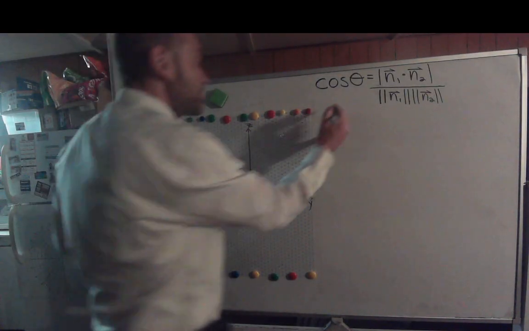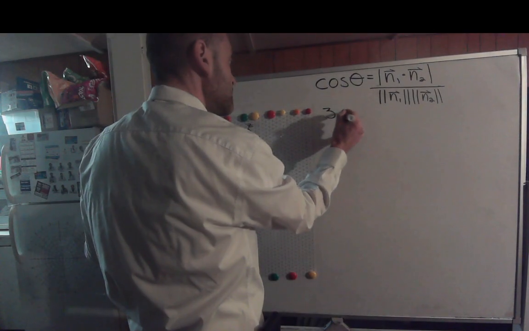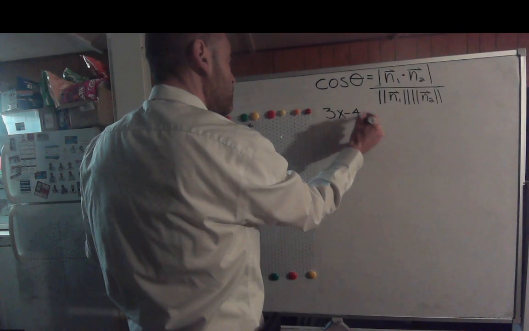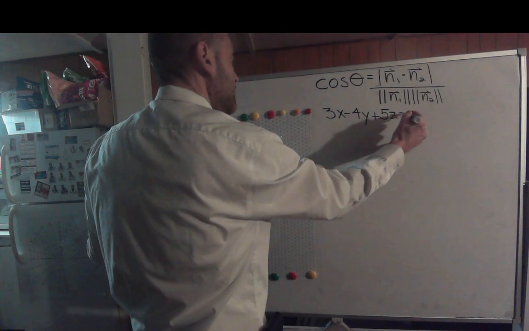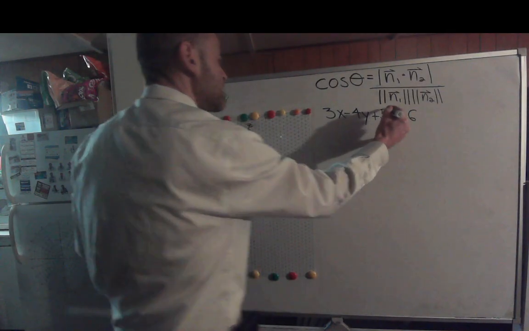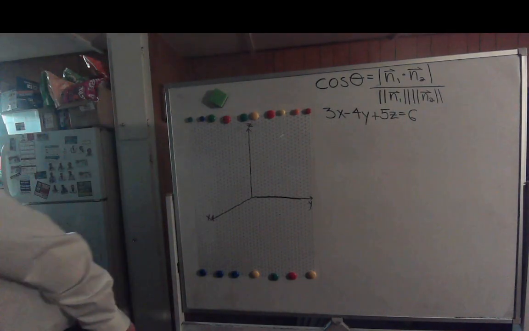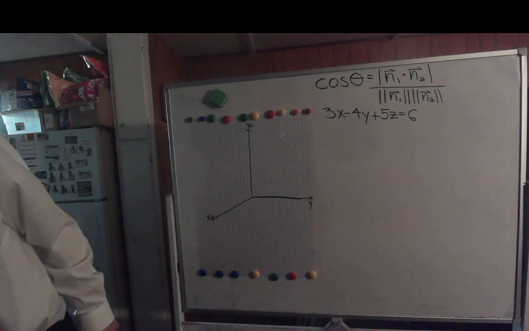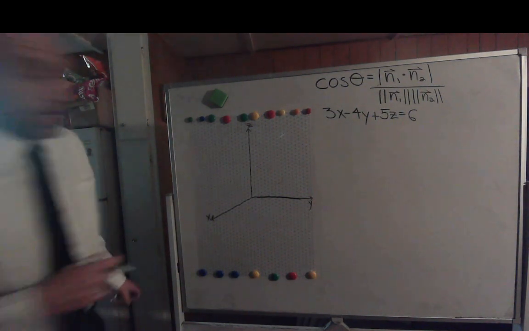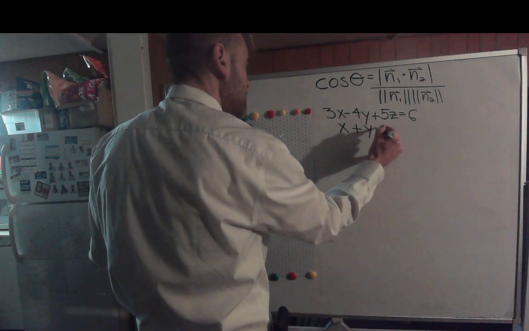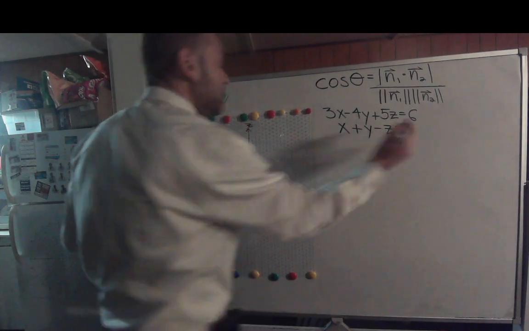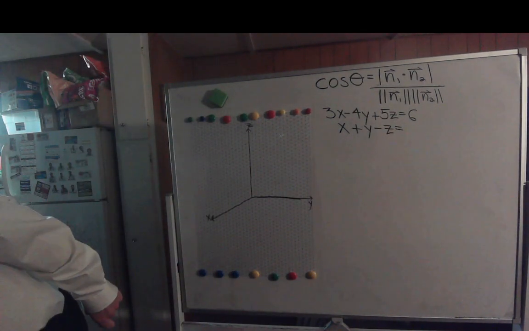Alright, so we have 3x minus 4y plus 5z equals 6. And then we have x plus y minus z equals 2.